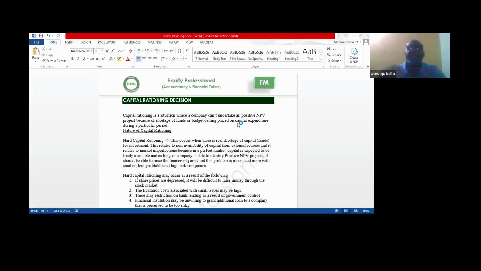If this situation continues, that means the value of the company will reduce, because there is going to be a reduction in shareholders' wealth.